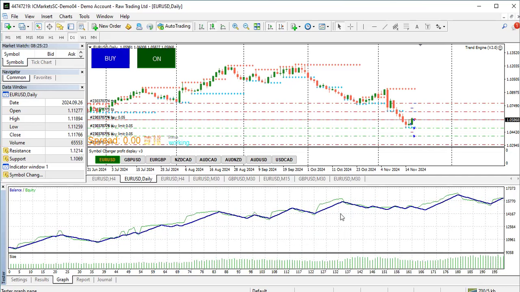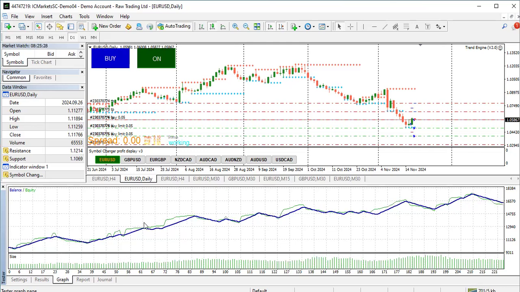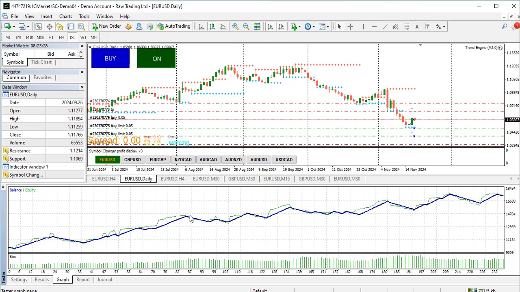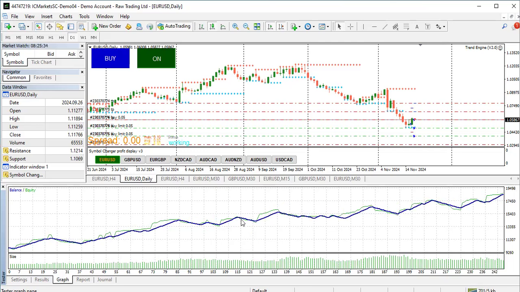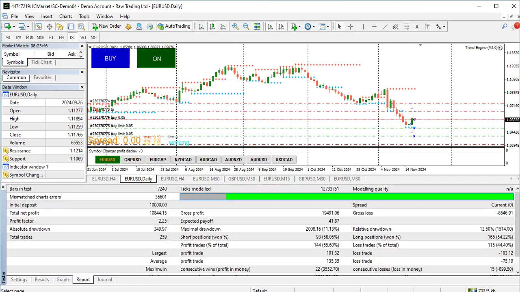You see that it keeps looking like an uptrend, where you are having higher highs and higher lows, higher highs, higher lows, and it keeps on going like that. So the curve is smooth, leaning up. If we look at the reports, we could see what we got from there.